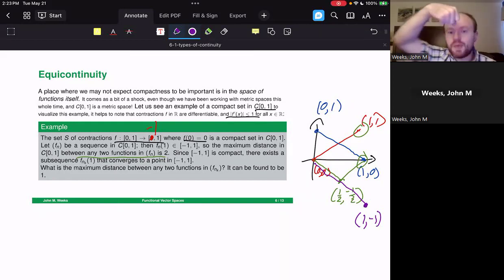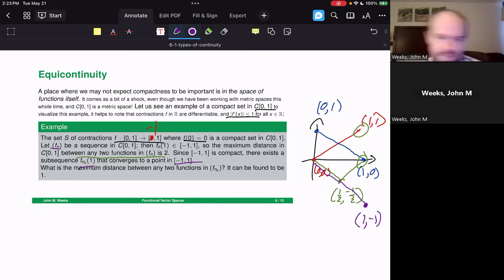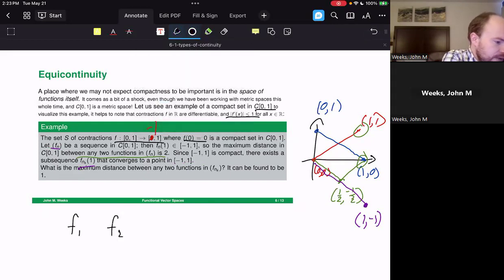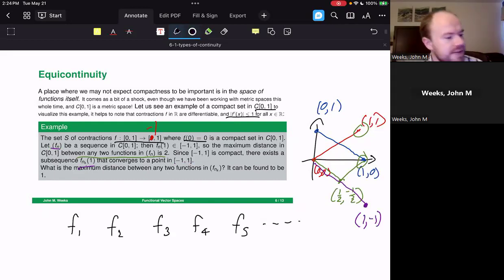But now, since that interval from -1 to 1 is compact, there's going to exist a subsequence of this sequence of functions, just looking at x equals 1, that converges to a point in [-1, 1]. So given my sequence of functions, starting with f1, f2, f3, f4, f5, and so on, I'm going to get a subsequence of functions so that their endpoints converge to the same point.